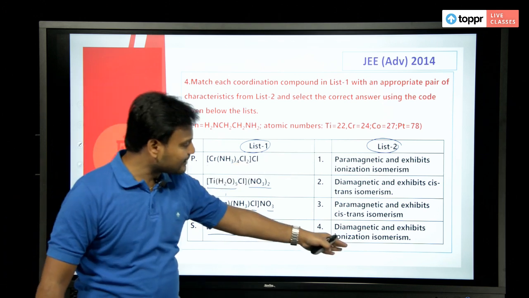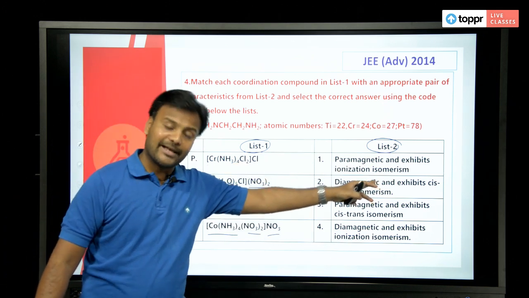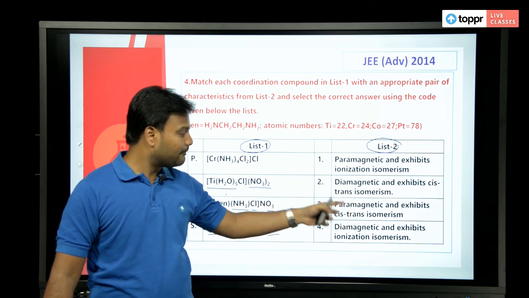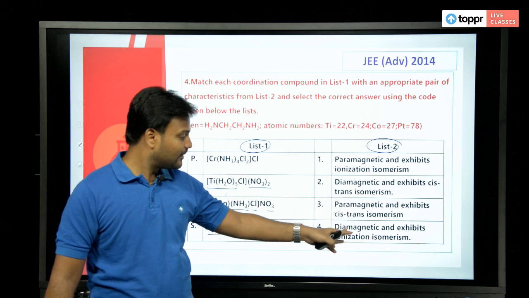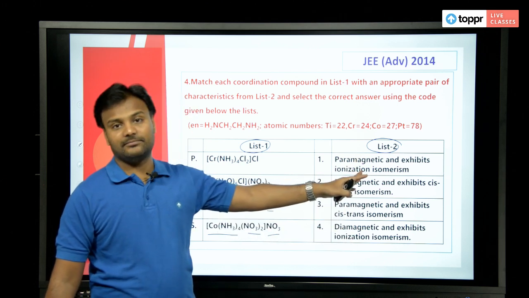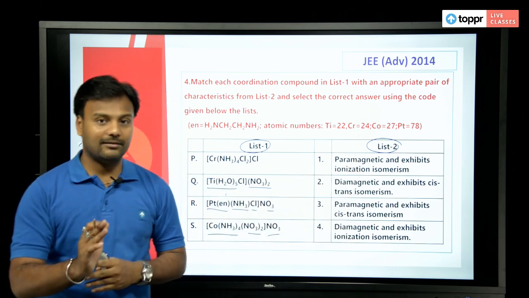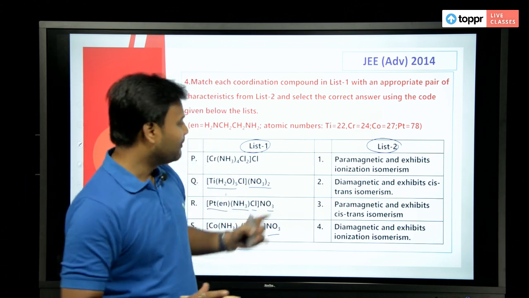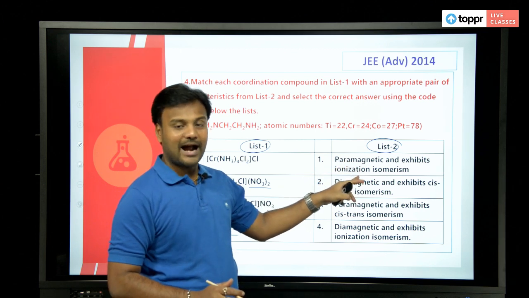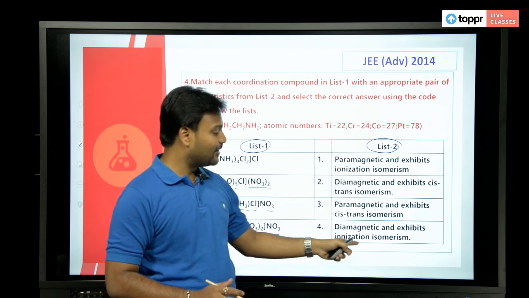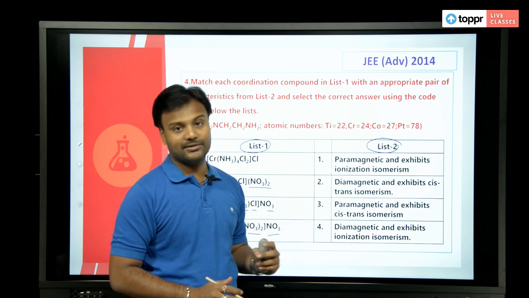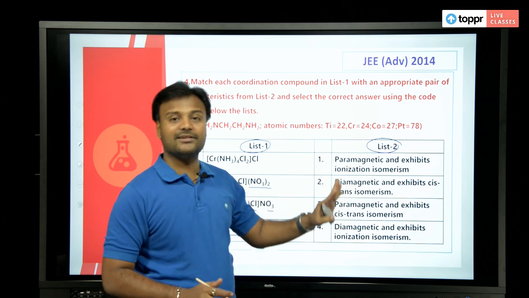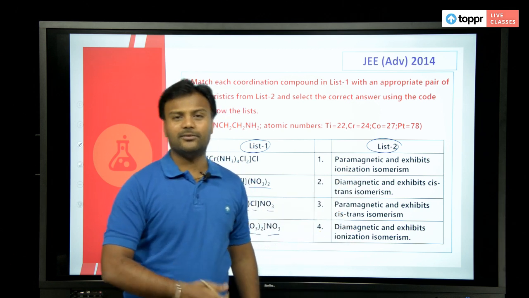So here they are asking about paramagnetism and ionization isomerism, diamagnetism with cis trans, paramagnetism with cis trans, diamagnetism with ionization. It is a difficult way to eliminate the options first of all. How do you find out?